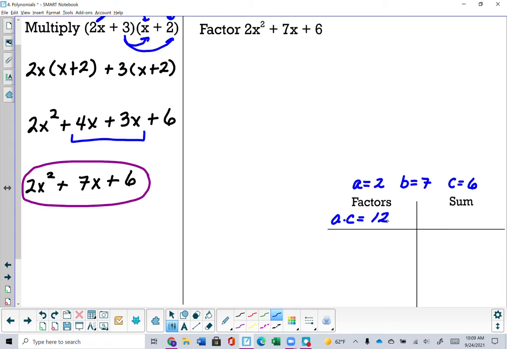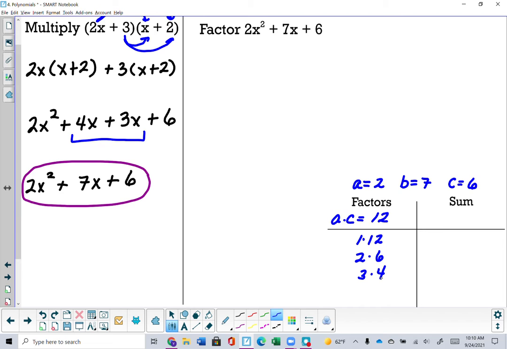And so we want to look to see, okay, what factors when multiplied give us 12? Well, there's a number of them. 1 times 12. 2 times 6. 3 times 4. Okay, now we're not going to use all of those.